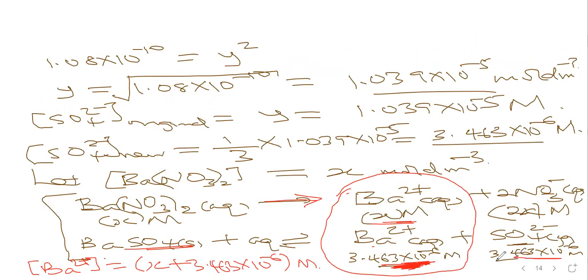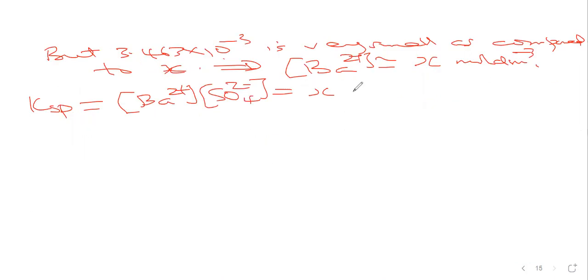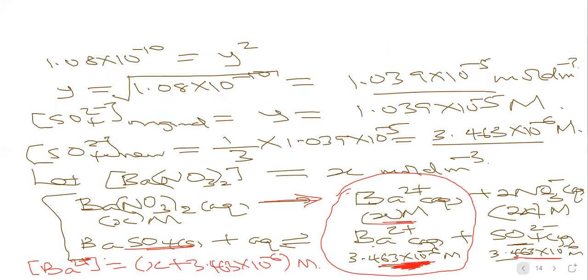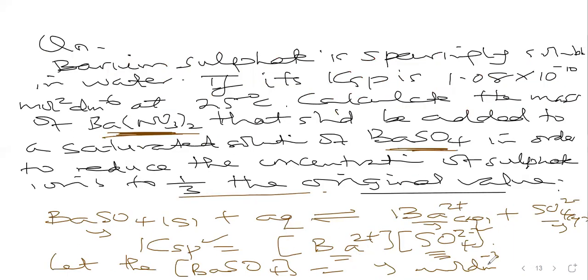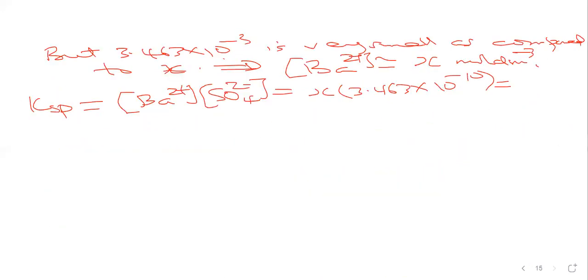Are we together? Yes, teacher. It is 3.463 exponent negative 10. This one is equal to, I think we have the KSP with us. Our KSP is 1.08 exponent negative 10.